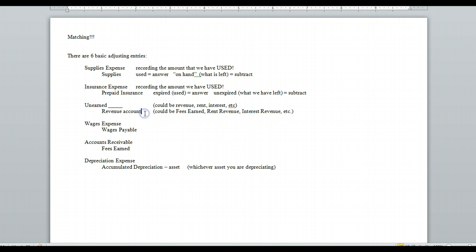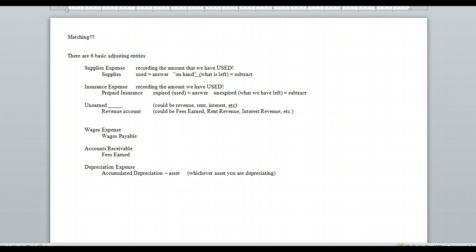So, anytime we're making an adjusting entry for anything unearned, we are trying to record how much we have earned. Let's just type this one down underneath, since I already have room over here.